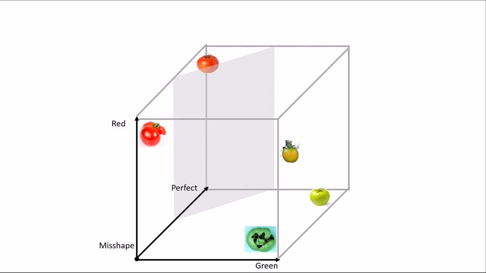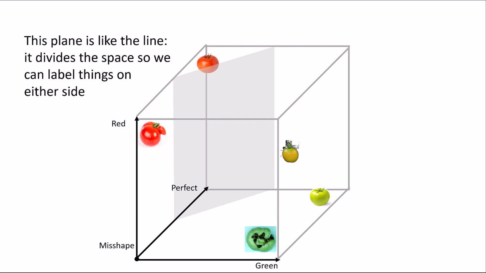Now, what we can do here is, instead of drawing a line through the space, we can put a surface through the space so that the red, perfectly shaped tomatoes fall behind that surface, and then we can tag them. It's just like the line. We're dividing up the space.